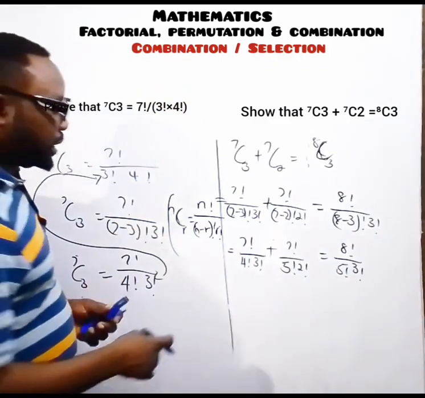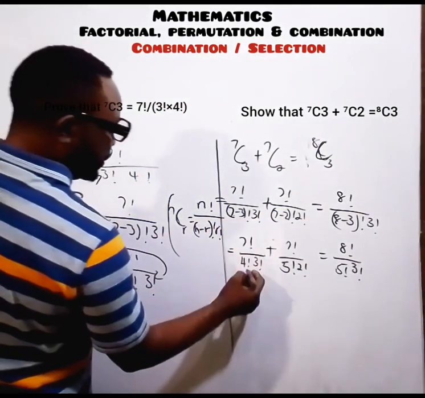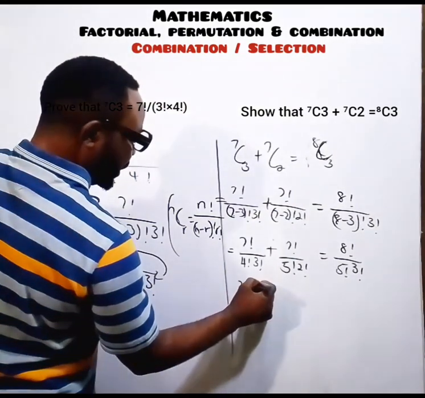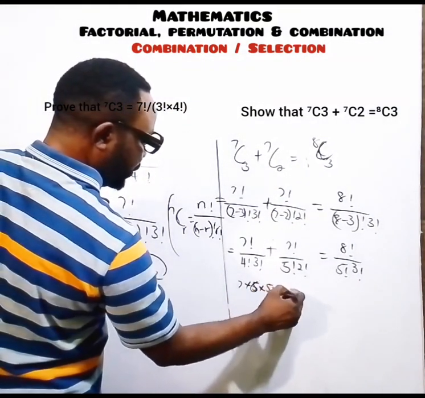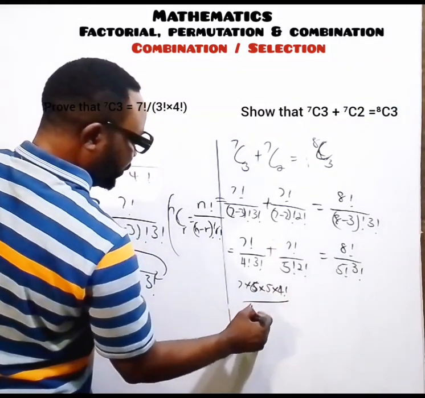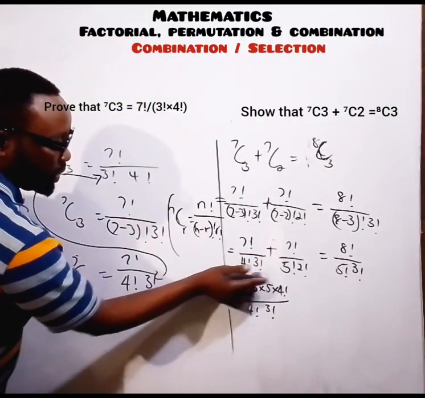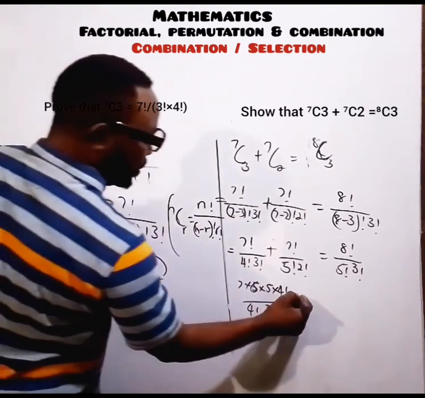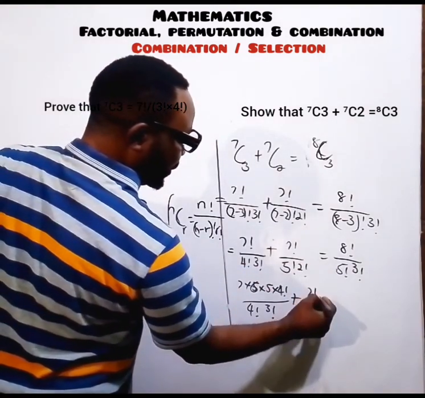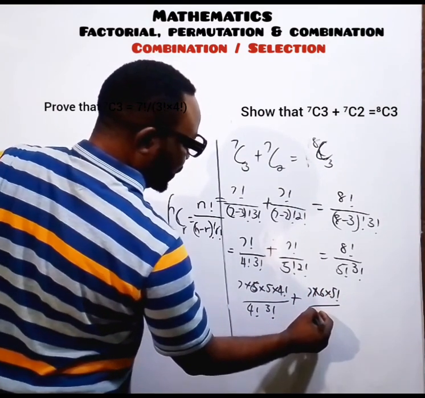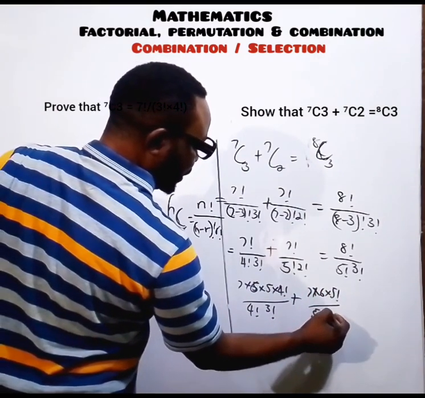I hope you are communicating with me. Now, here we are going to have 7 times 6 times 5 times 4 factorial all over 4 factorial 3 factorial. That is the value of this first term, plus 7 times 6 times 5 factorial all over 5 factorial 2 factorial.